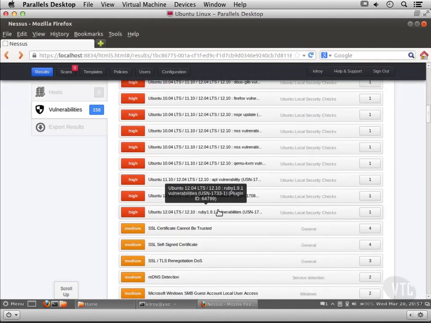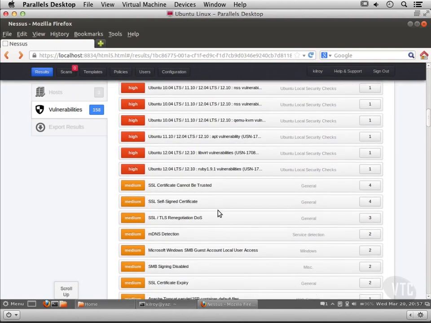So we do run into false positives from time to time, and that's a case where Nessus is relying on information that it's received. In the case of Apache, for example, it gets a banner back, and it may have to make some guesses about what that server actually is, what version that server is running.